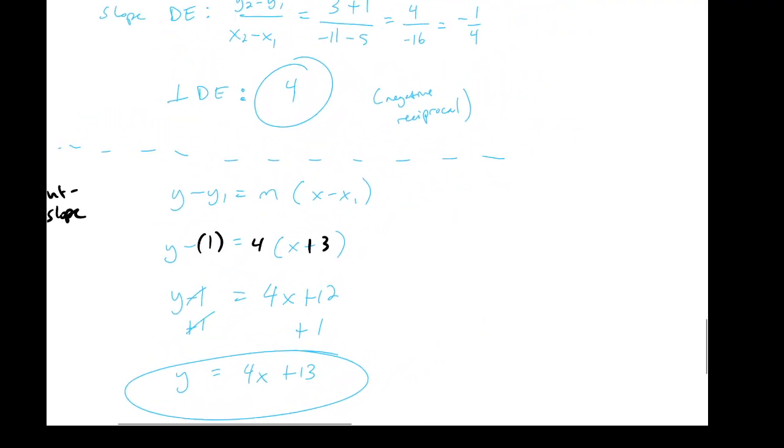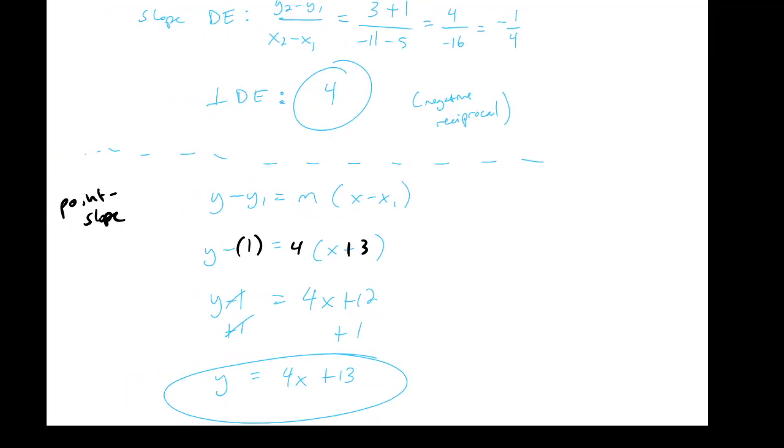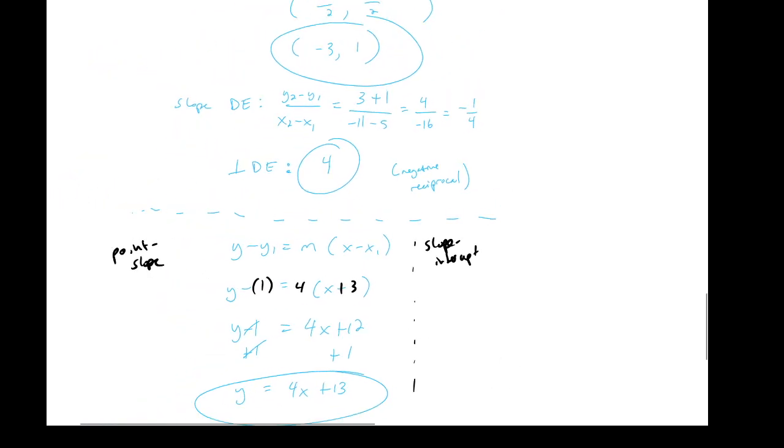Now, real quick, sidebar, could I do this using slope-intercept? And the answer is yes. I think it's maybe a little bit more arduous process, who knows? But it works like this. Remember, slope-intercept is y is equal to mx plus b.